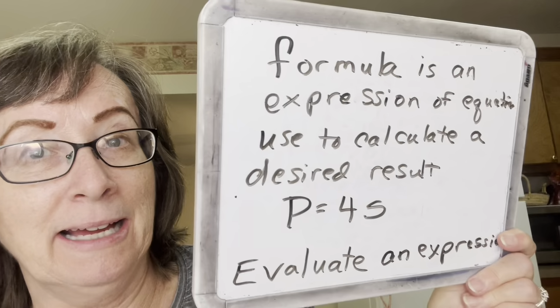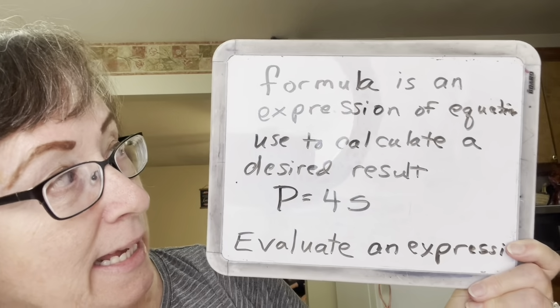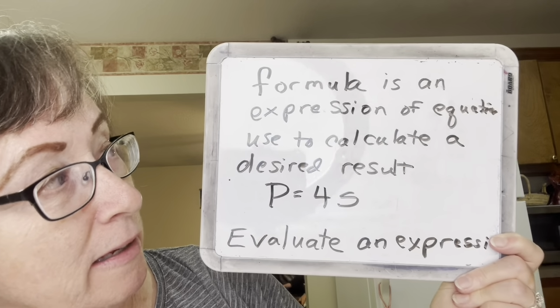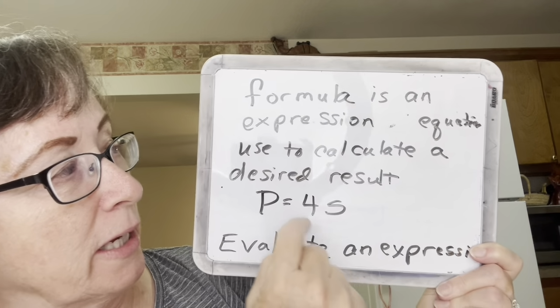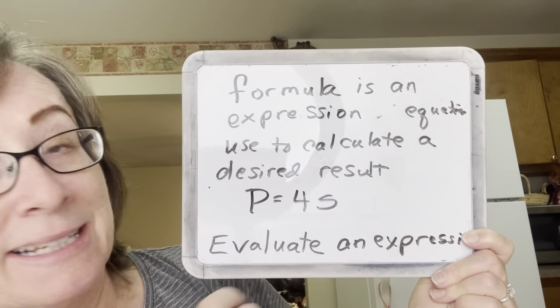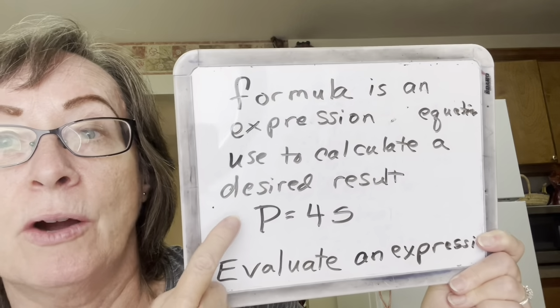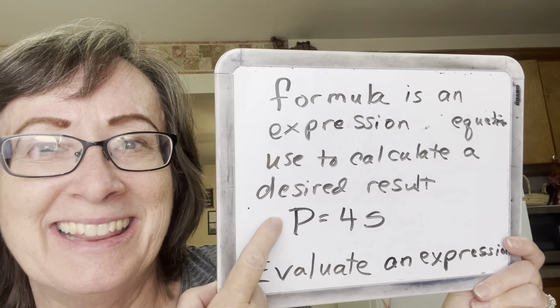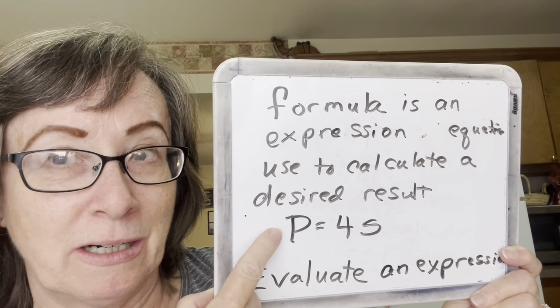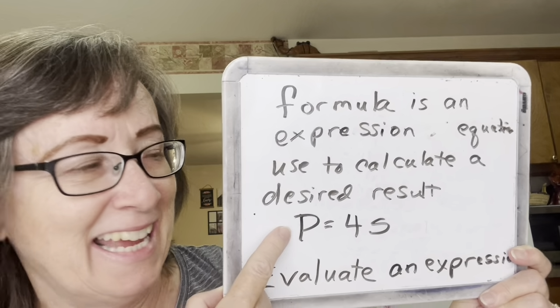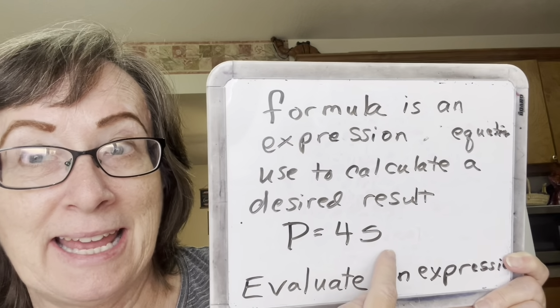So a formula is an expression or equation used to calculate a desired result. Okay, so here is one. This is one that maybe you recognize. Perimeter of a square is 4 times s.